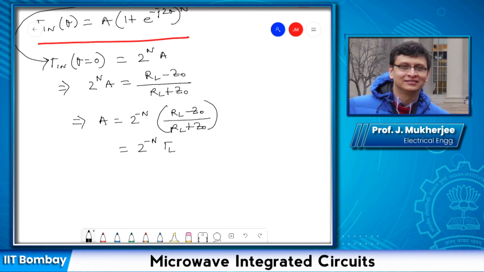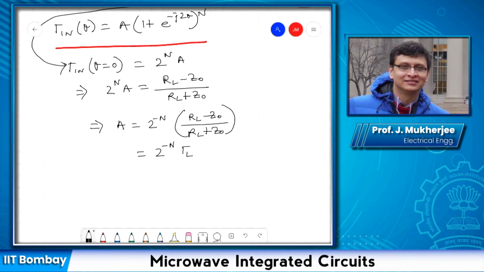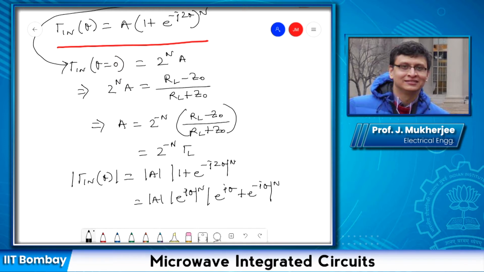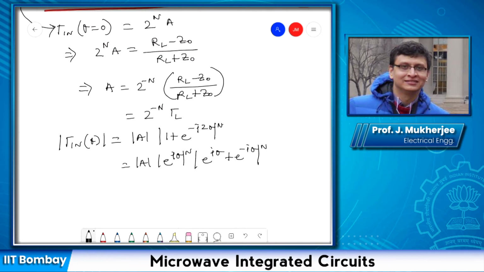The next simplification that we shall do is, let us try to find out the value of gamma in theta magnitude. So that is equal to this. Now note that the value of e raised to j theta magnitude is simply equal to 1.